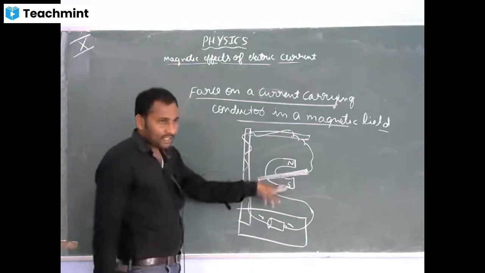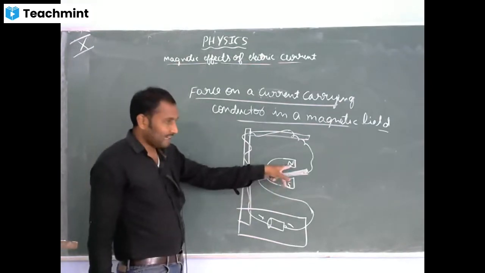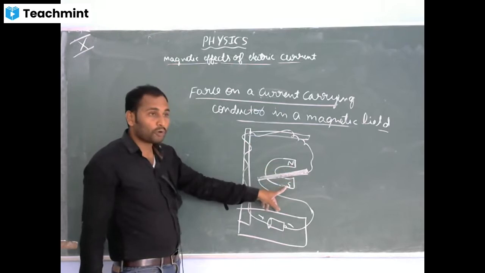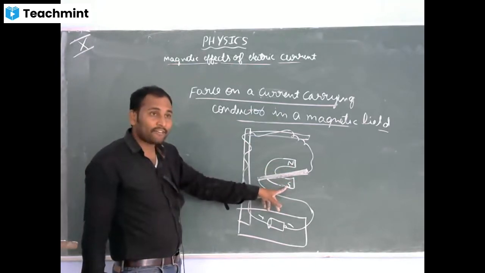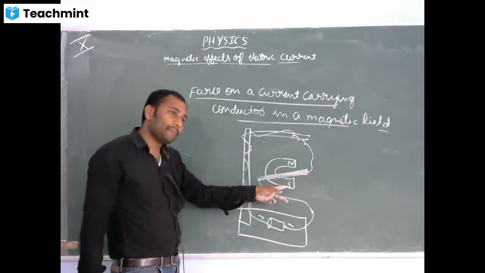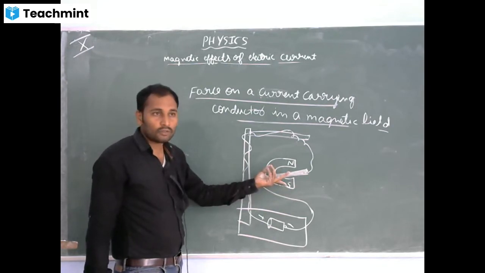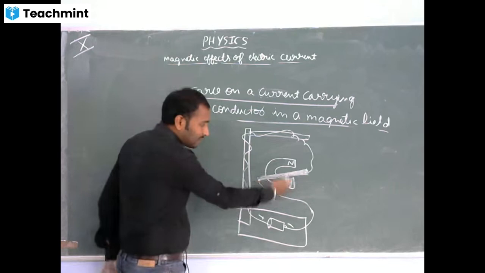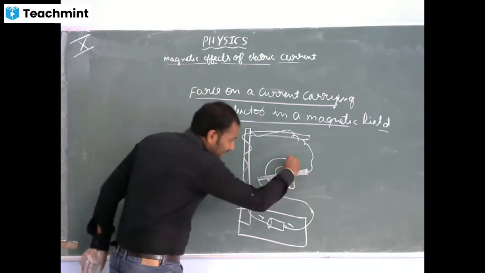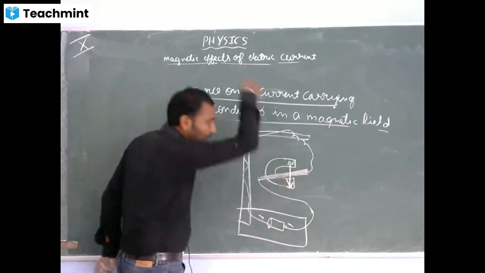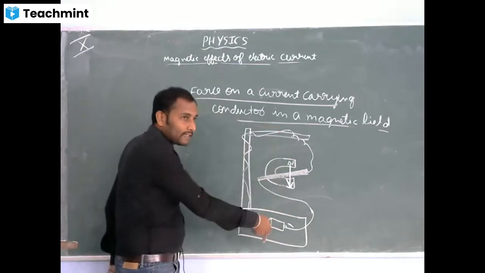Now see from the figure, we have north pole, we have south pole. Direction of magnetic field lines outside the magnet will always be from north to south. So here this is north, this is south. That means the magnetic field lines are from up to down, north to south, correct?